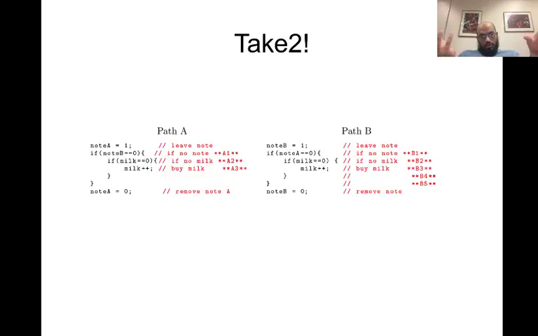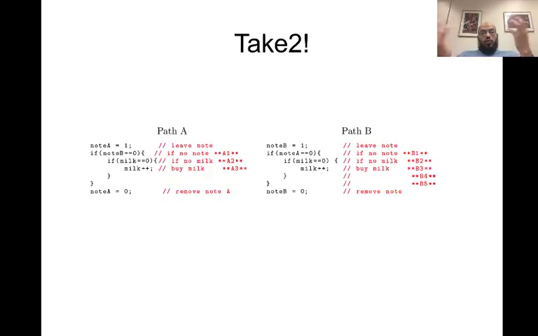The second thread gets the processor, sets note B to 1, and then checks for note A, finds that note A is equal to 1. So now it needs to wait, right? Because this is what we said we need to do with a lock. You basically need to wait. On the other hand, I come back, I get scheduled again, and I look for node B, and I find that node B is equal to 1.